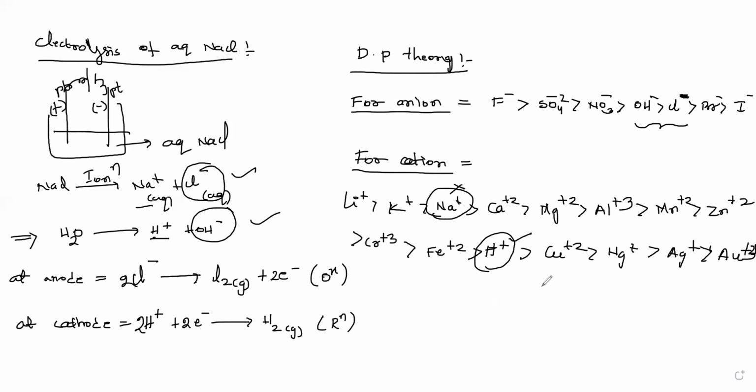So we should follow these orders for the electrolysis of solutions having more than one type of cation and more than one type of anion. This is the electrolysis concept of aqueous NaCl and molten NaCl.